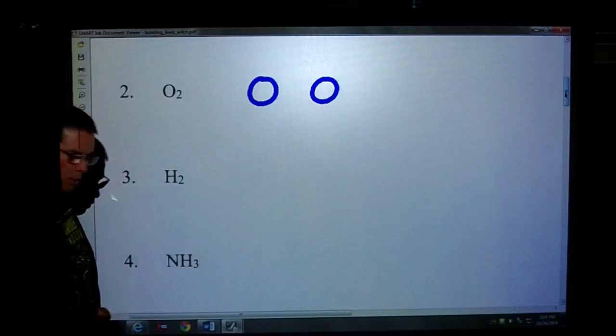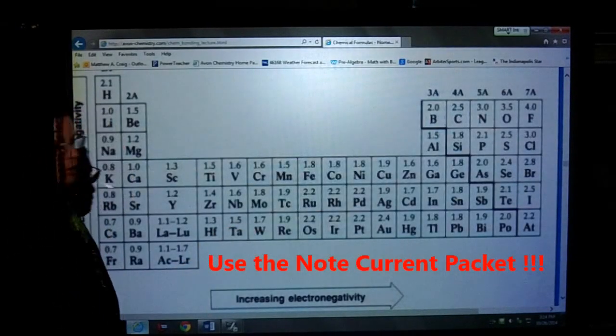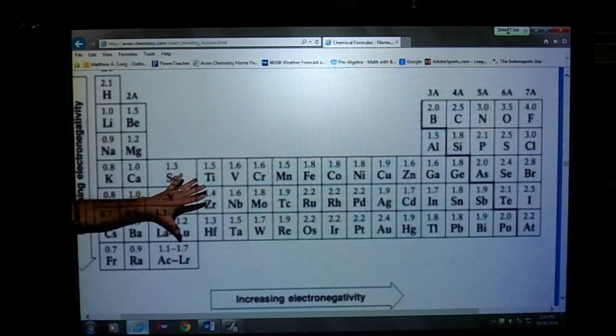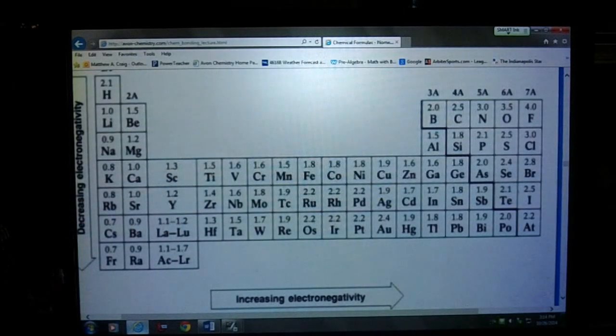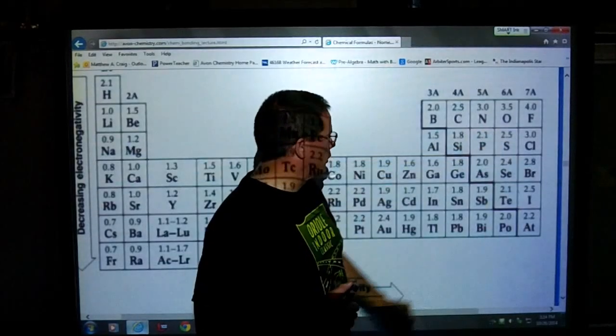The first thing that we want to do is look at the difference in the electronegativities. So go to your notes from the previous time, or the previous packet, and you will again have this at your disposal for figuring out the differences in the electronegativities. Take a look at the difference in electronegativity, and unfortunately we have the same element, which is 3.5.